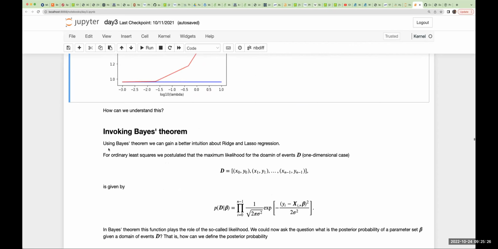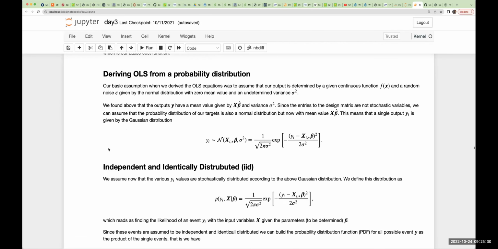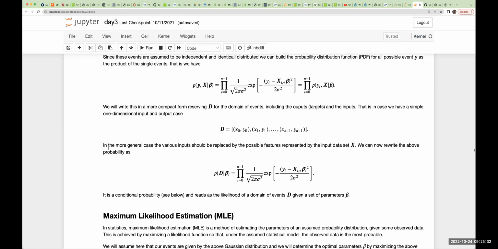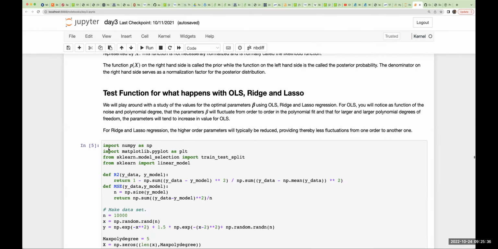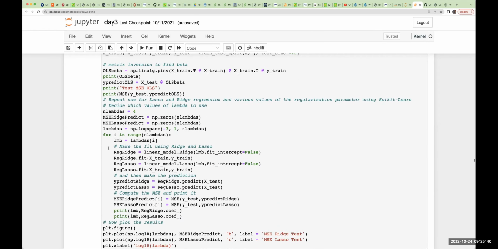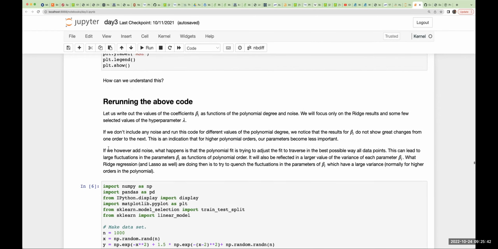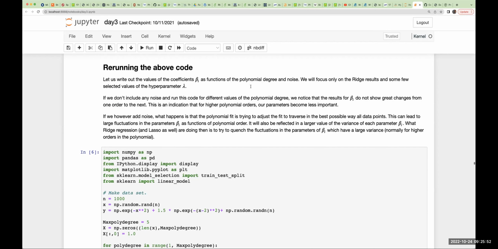So if we now perform this kind of interpretation, if we go down here and look at the example again, let's now rerun this example. If we rerun that code, what we are going to do now is to rewrite the coefficients beta y as a function of the polynomial degree and noise.